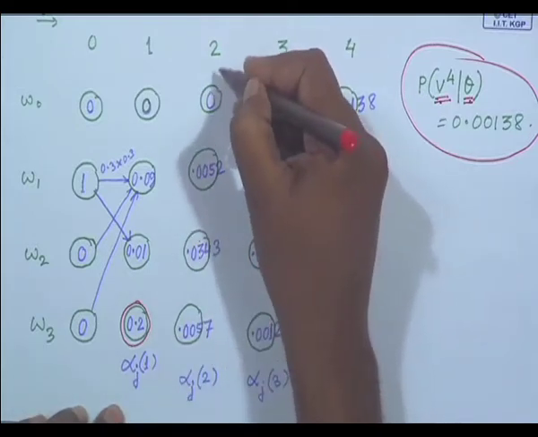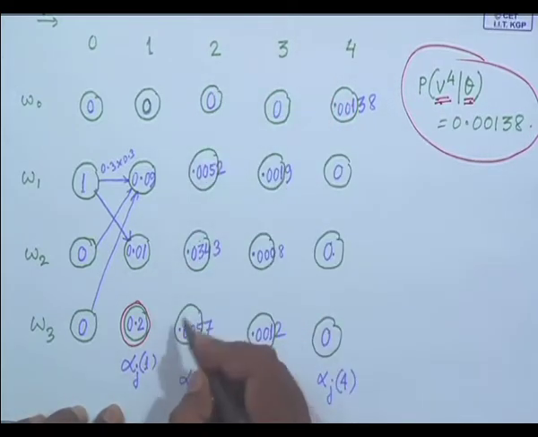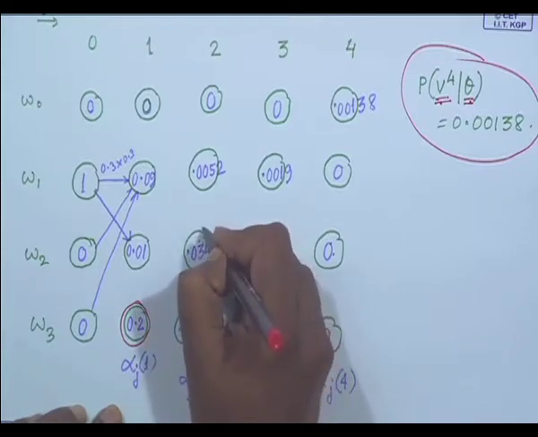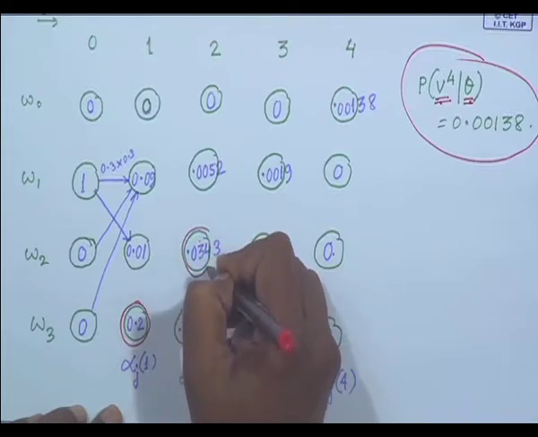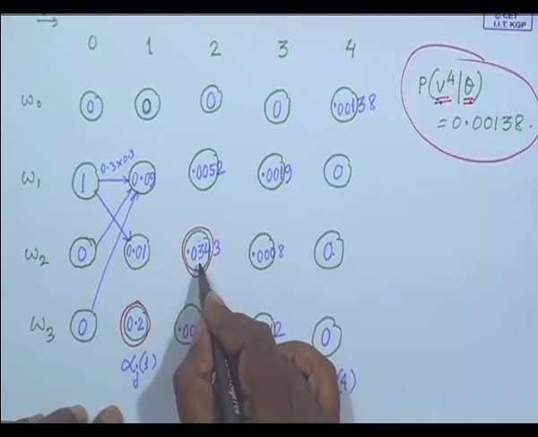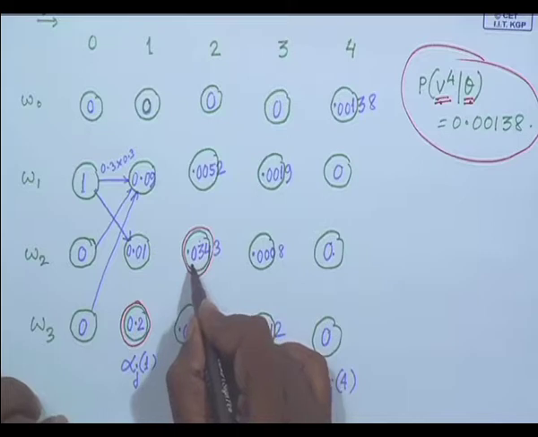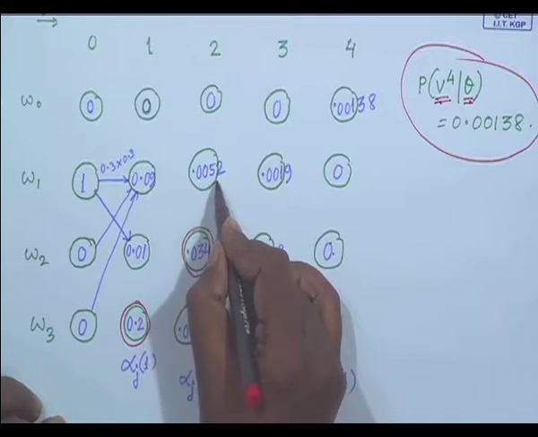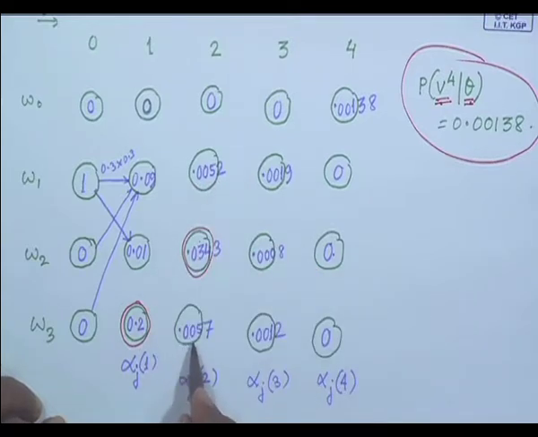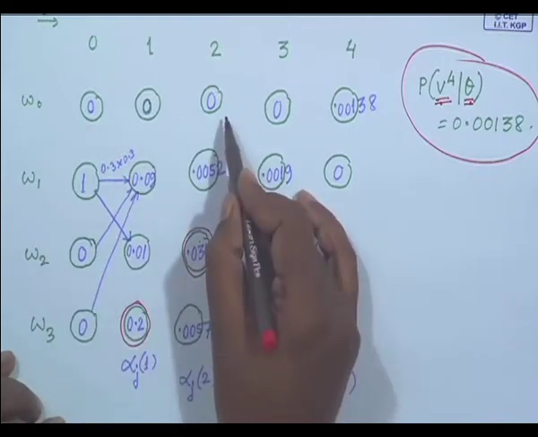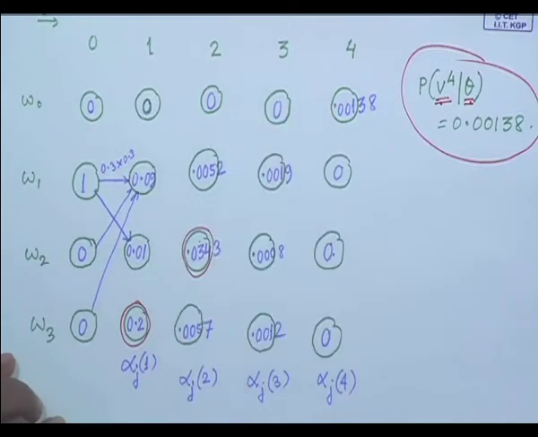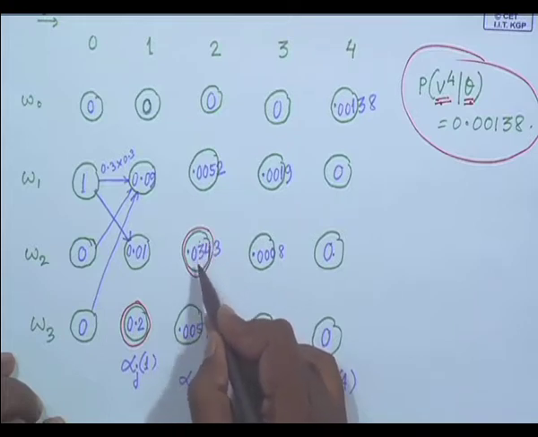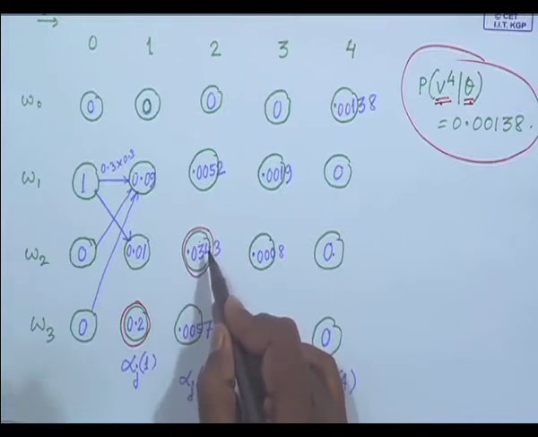Similarly, at t equal to 2, the most probable state is omega 2, because the probability that the machine will be in state omega 2 after generating the first two symbols is 0.0343, whereas for omega 1 it is 0.0052, for omega 3 it is 0.0057, and for omega 0 it is equal to 0. Obviously, here we cannot reach. So, this is the most probable state after generating the first two symbols.